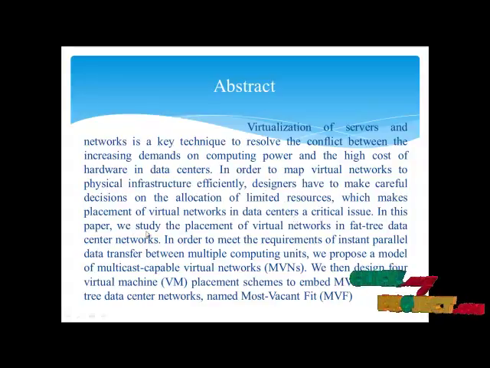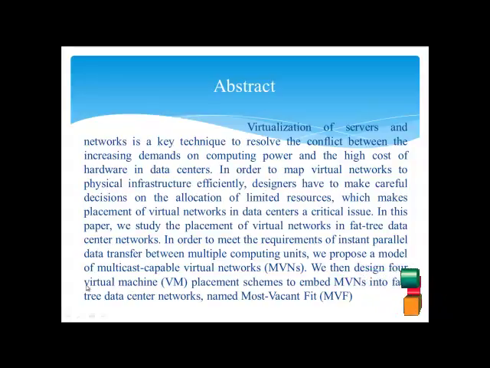In this paper, we study the placement of virtual networks in factory data center networks in order to meet the requirements of instant parallel data transfer between multiple computing units. We propose a model of multicast capable virtual networks (MVNs).